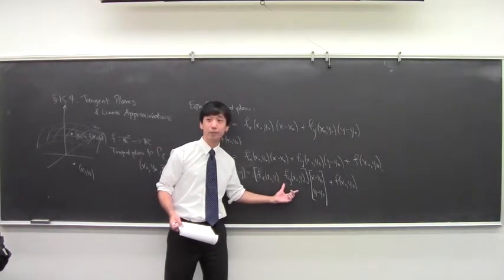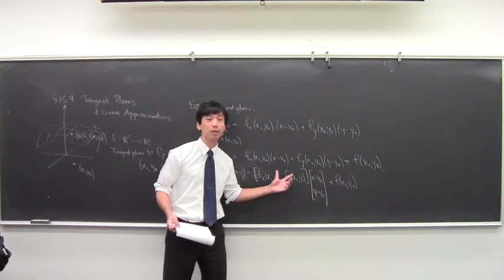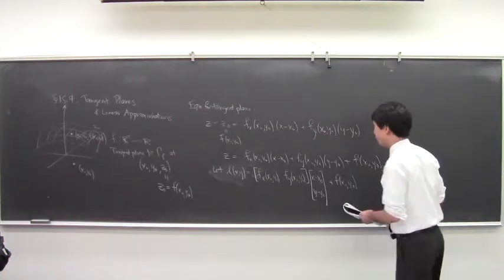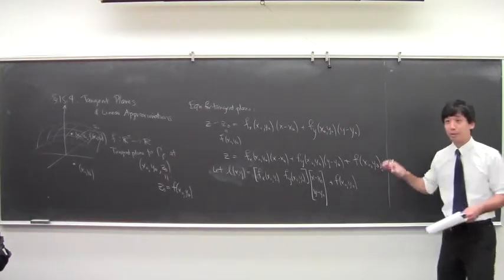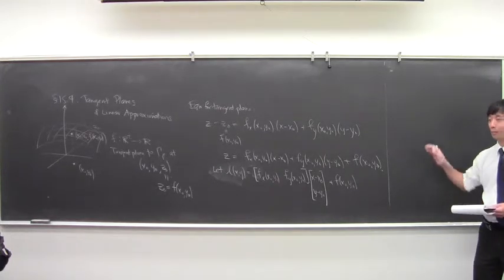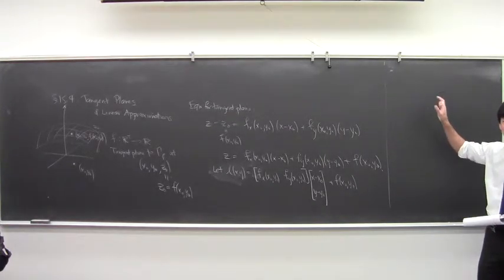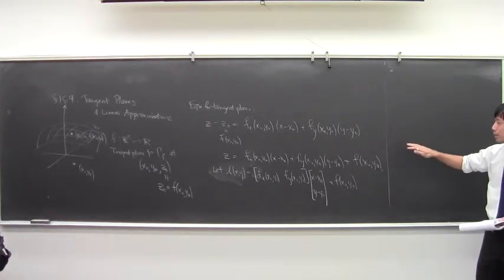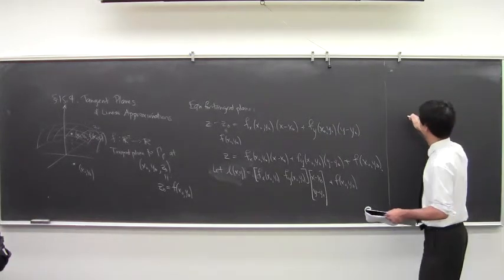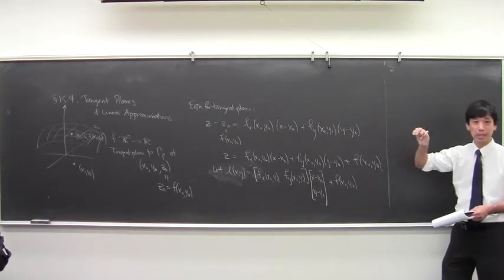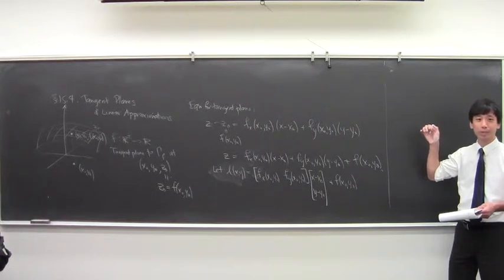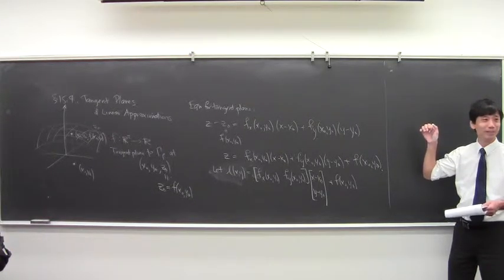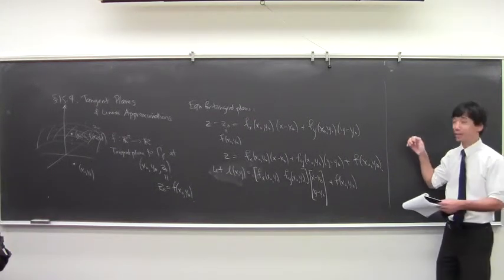How many of you are not familiar with matrices? Okay, that's fine. So let me do a quick and dirty introduction to matrices and matrix multiplication. A matrix is just an array of numbers. Who raised their hands? Okay, great.